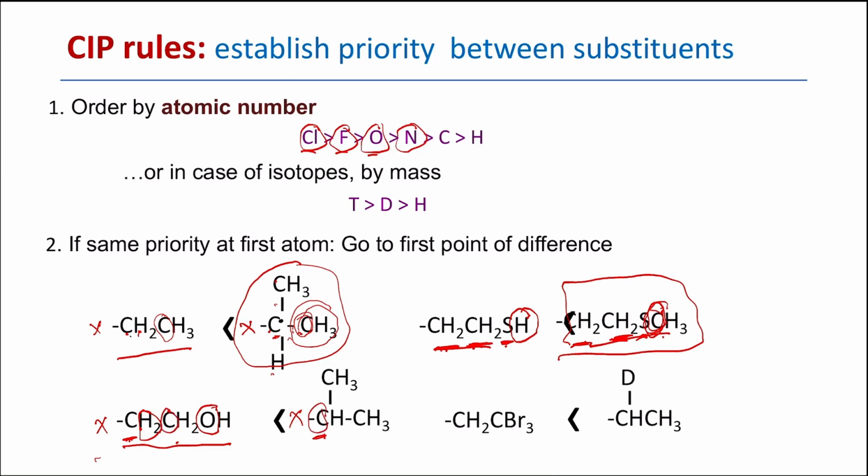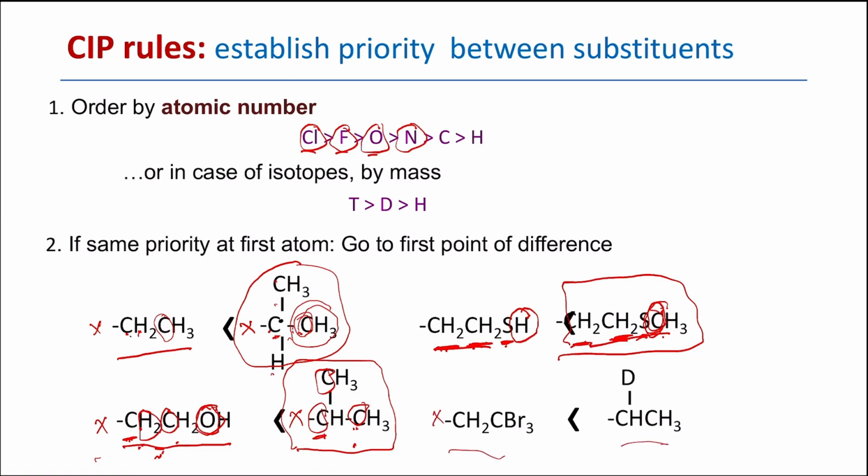This carbon, on the other hand, is attached to two carbons. So this one will take priority over that one because there is an extra carbon here in comparison to the hydrogen. So this one will take priority even though there is an oxygen, because this is the first point of difference. What about these two here?